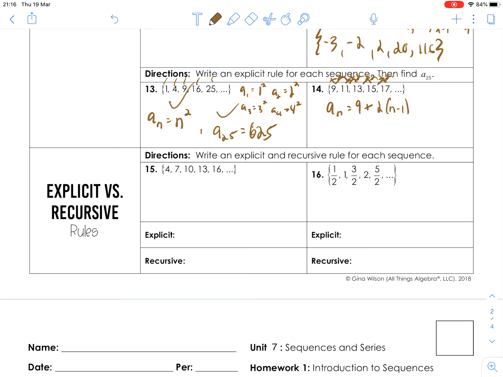So say, for example, a sub 4, that's going to be equal to 15. That's going to be equal to 9 plus 2, the difference, times 3, whatever the previous term number is. So that's going to be 9 plus 6, which is 15. There we go.